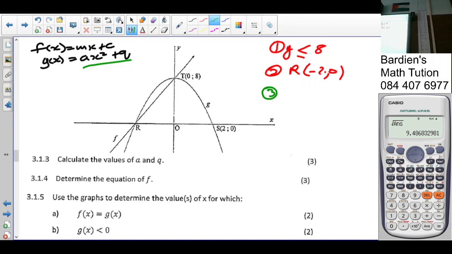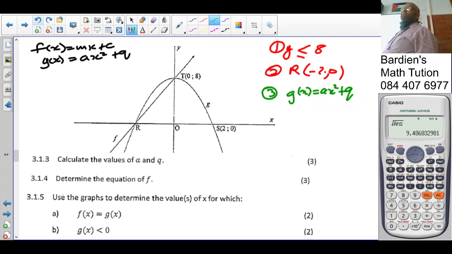Not so? So if we have g of x equal to ax squared plus q, what can we determine straight away at this point? q is going to be 8. That's your y-intercept. Not so?